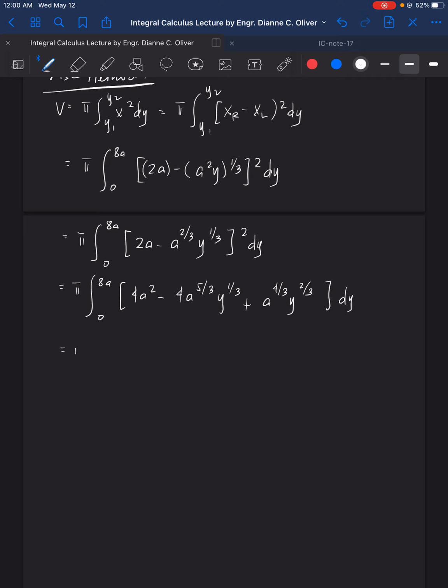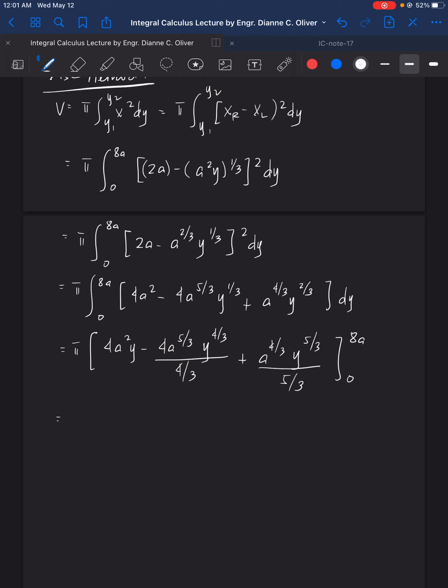So if we integrate this, the answer will become 4a squared y minus 4a raised to 5/3 y raised to 4/3 over 4/3, plus a raised to 4/3 y raised to 5/3 over 5/3, 0 to 8a.